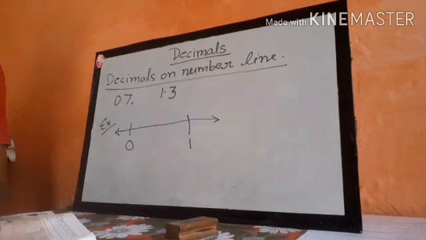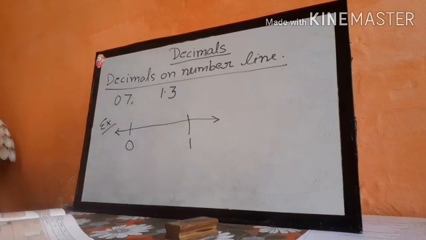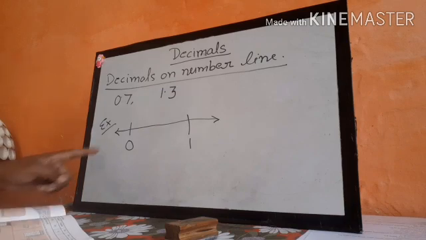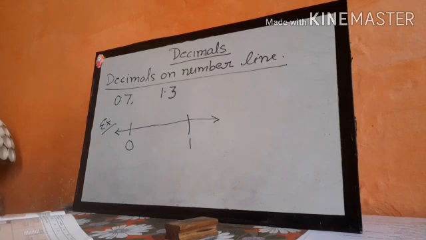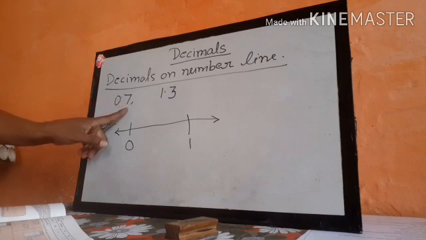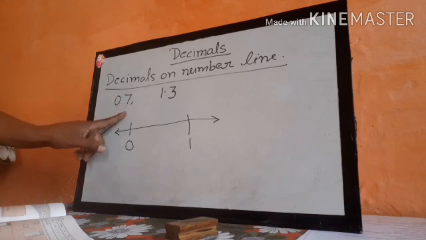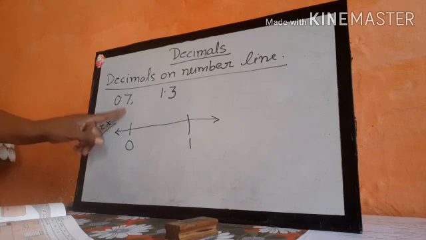Let's see. First I am going to represent this one on the number line. As I told you, students, it is less than 1, so you will choose the whole numbers 0 to 1 on the number line. Now you can see only one digit is there after the decimal, so it is one place of decimal, and one place of decimal is known as the tenth, as I have shown in the chart previously.